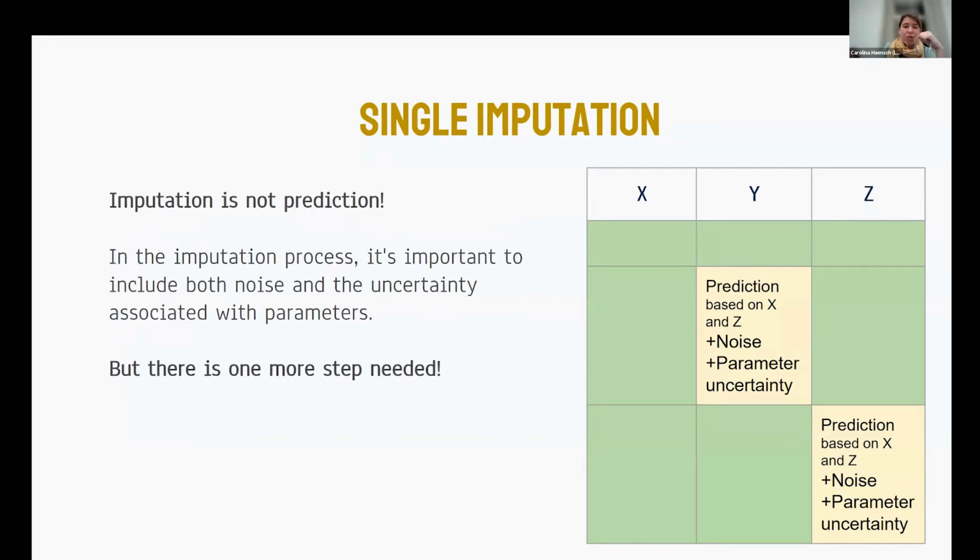We do not only add noise because we know that the values will scatter around this regression line, but we also think about the fact that the prediction model we estimate is only estimated from a sample. So we also have to add a little parameter uncertainty to this model. A very Bayesian way of thinking.